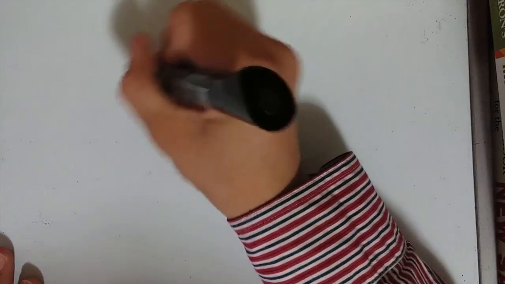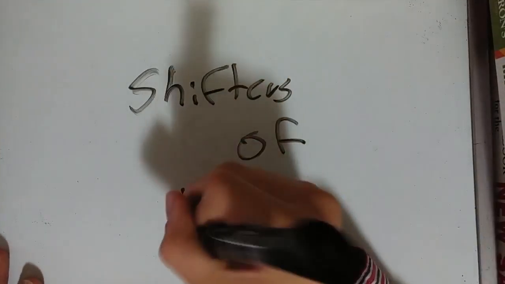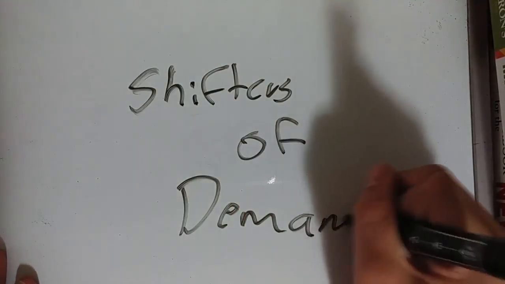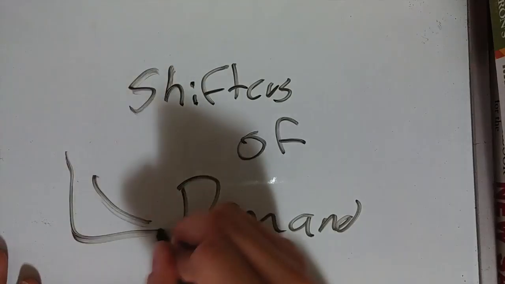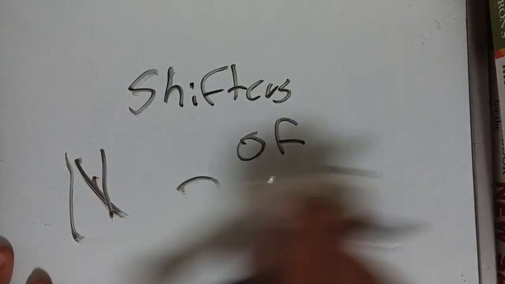Now, next topic is shifters of demand. So, how do we shift the demand curve of the money market graph? There's only a couple things that you can do. Three things, actually.